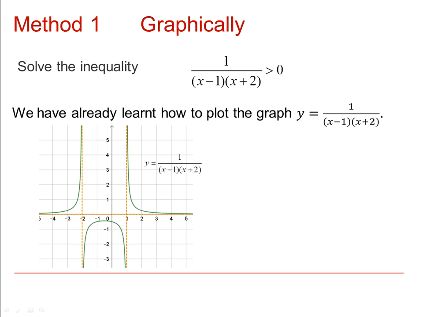So that graph we've drawn, and therefore we can say if we want that greater than 0, then it's greater than 0 to the left of negative 2 and to the right of 1. So for values of x which are less than negative 2 and greater than plus 1.